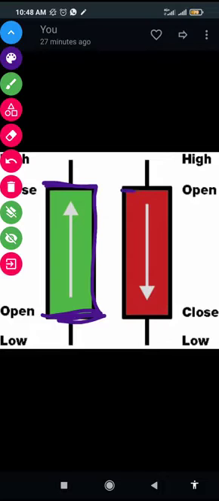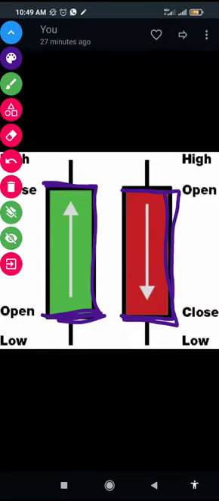It opens here, sells down to this part and closes here within 5 minutes, depending on your time frame. But here we are using 5 minutes. So it opens here, is sold to this place, then closes here. That is how the body of the candlestick is formed.